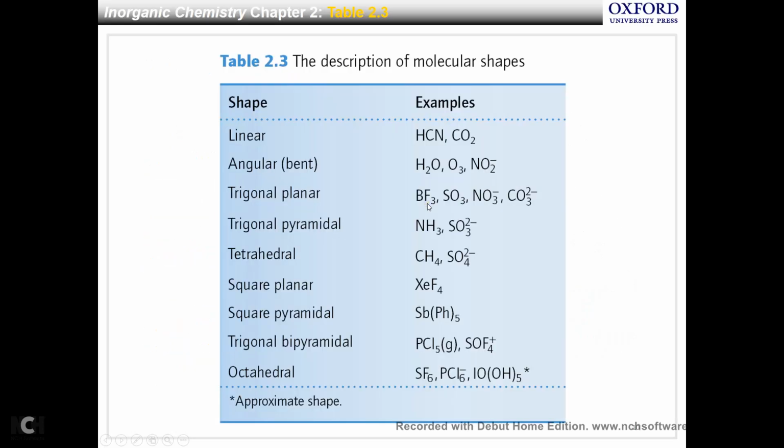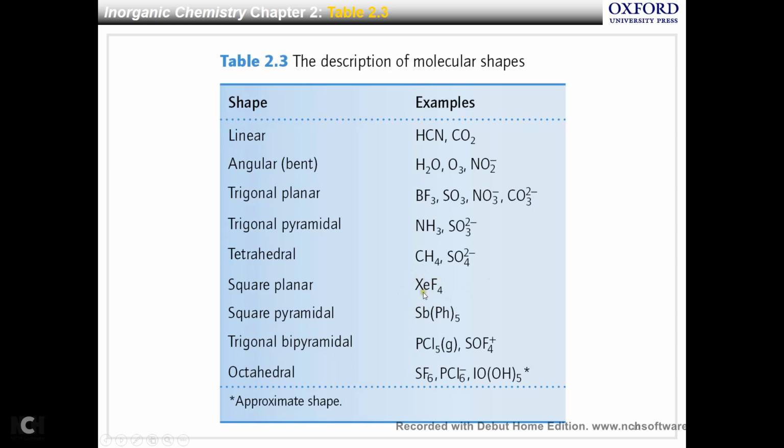CH4 is, of course, tetrahedral. And this is square planar because xenon, in this case, used its outermost shell electrons, 8 of them, to form bonds or lone pairs.